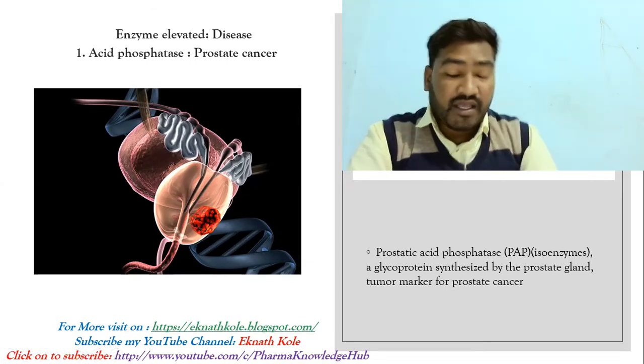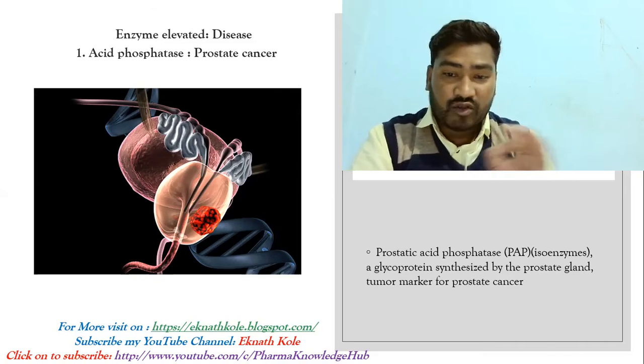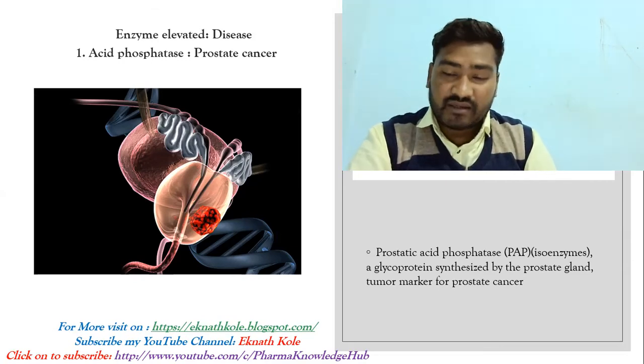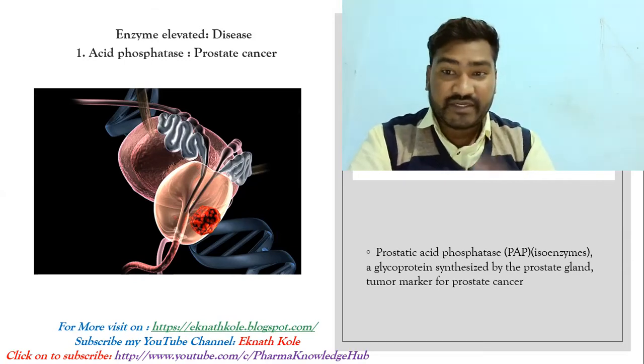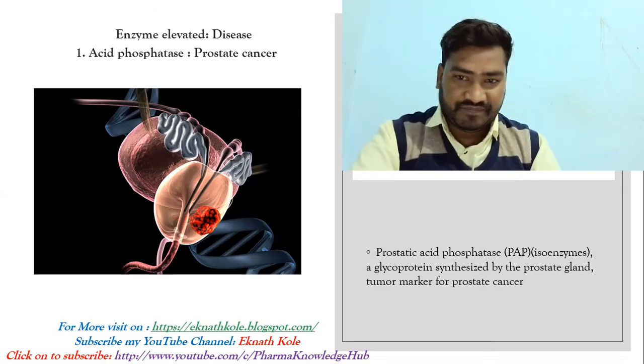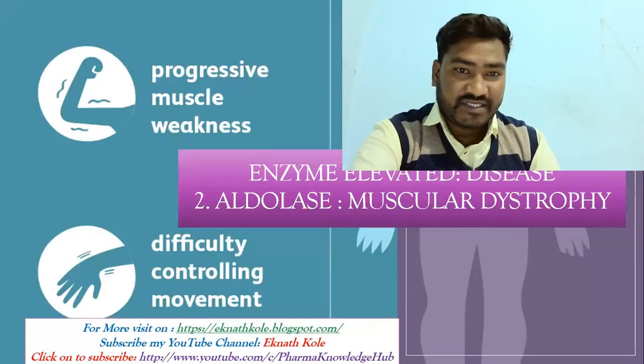PAP is an isoenzyme, a glycoprotein synthesized by the prostate gland, and it is used as a tumor marker for prostate cancer. It means it will be useful to detect prostate cancer. Okay, so this is the first disease.